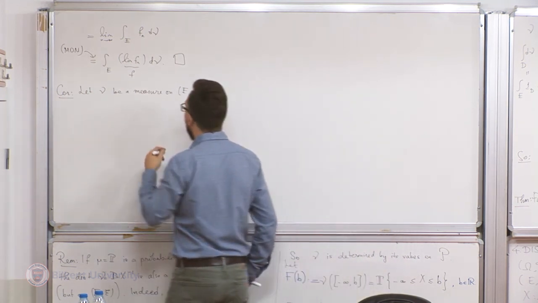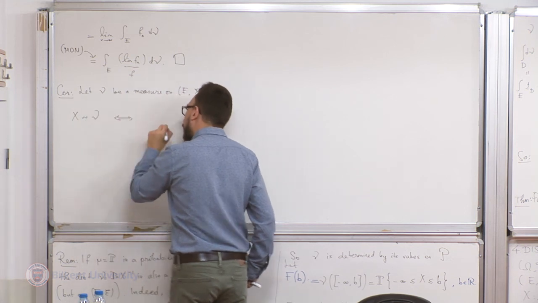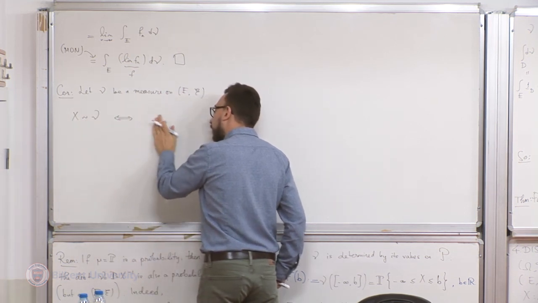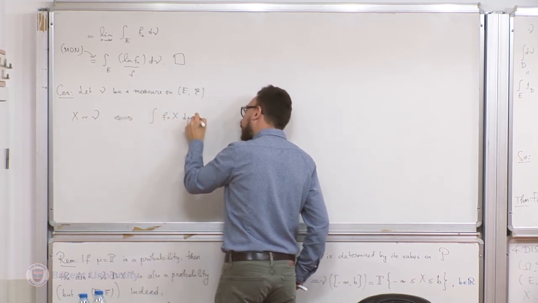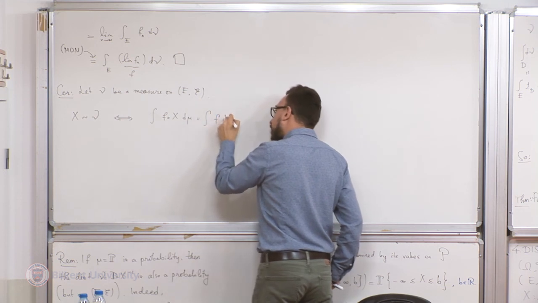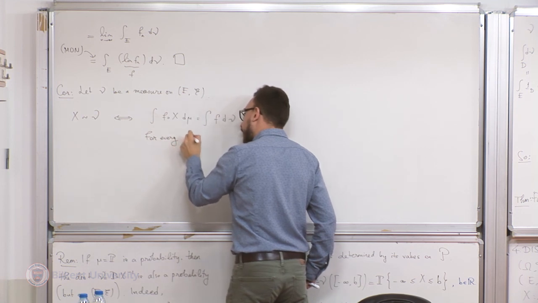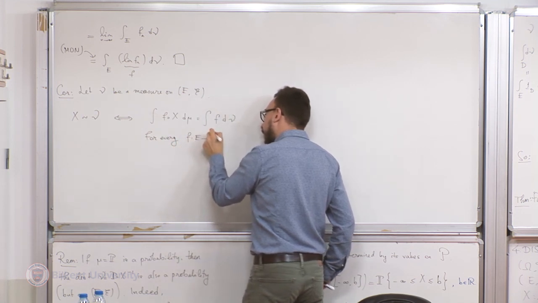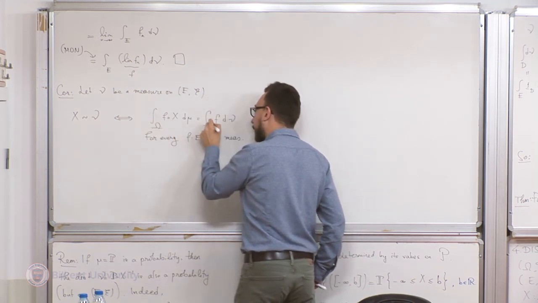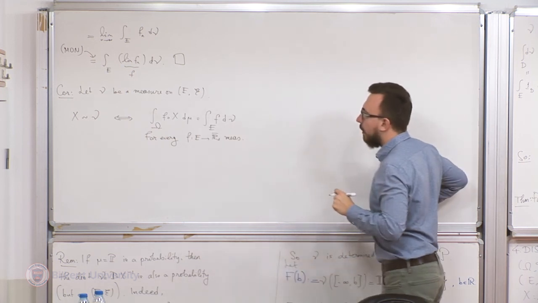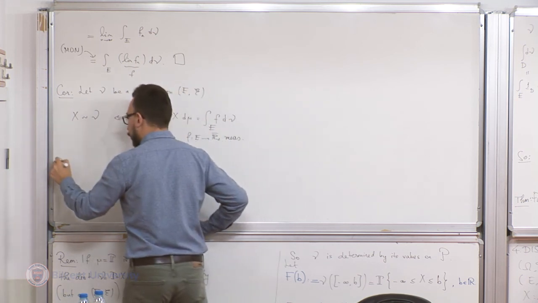Let nu be a measure on E. Then we have X has distribution nu if and only if the integral of f of X d mu is equal to the integral of f d nu for every positive measurable f on E. So this is on omega, this is on E. For every f. So why is this true?